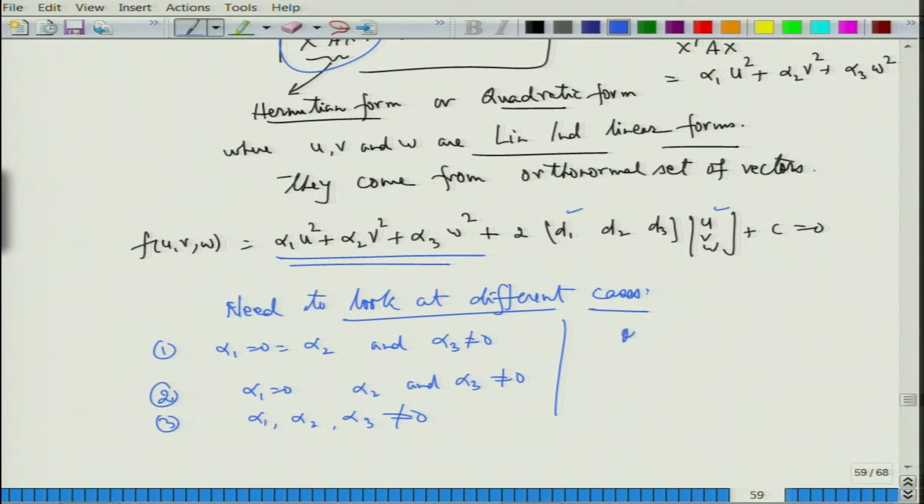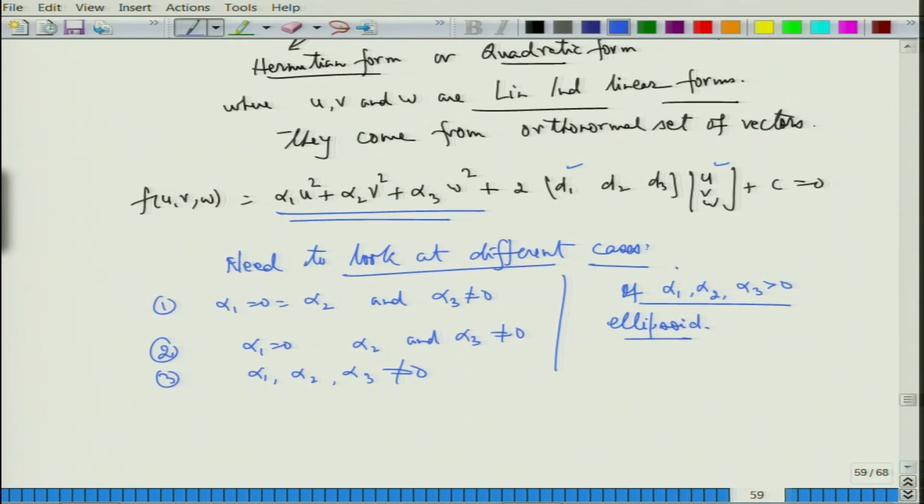So, if alpha 1, alpha 2, alpha 3 are positive, then you can get what is called an ellipsoid. Why will you get an ellipsoid? Again understand that nicely. All these are the axes, and the lengths of the axes in some sense correspond to that part. This expression in this case will turn out to be alpha 1 outside, you will get u plus d1 upon 2 alpha 1 whole square plus alpha 2 v plus d2 upon 2 alpha 2 whole square, unless I have made a mistake.